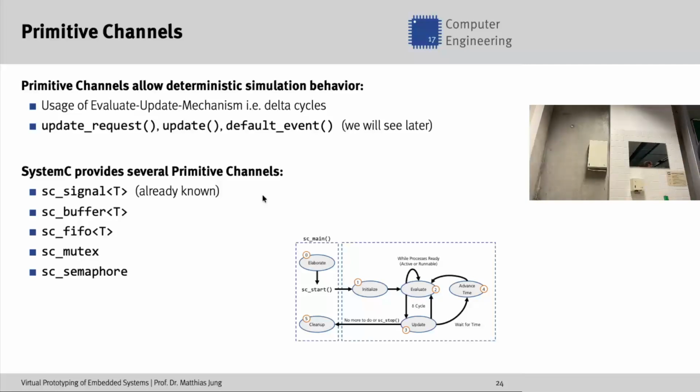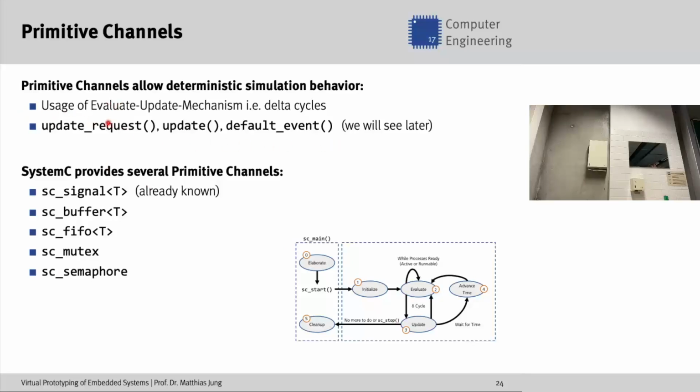Then we need a way to communicate with the SystemC kernel, since the kernel actually orchestrates all these waitings. This is also something that we have discussed already briefly in the SystemC kernel, where we do the delta cycling. We have an evaluate phase and an update phase. And this is basically done with these three things.